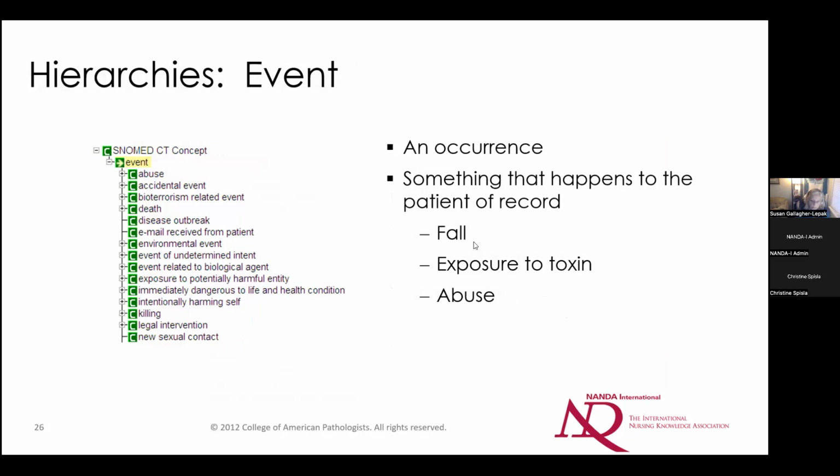So definitely the big one, patient falls, death is there, exposure to anything that might affect the patient's health care condition, any kind of abuse here. It's a small hierarchy, but it's noteworthy. Obviously, they probably put COVID-19 or the pandemic, but pandemic would not be the patient of record, it would be the community.